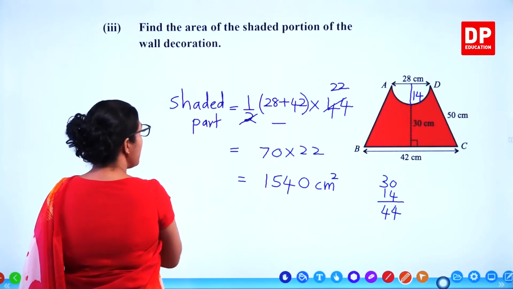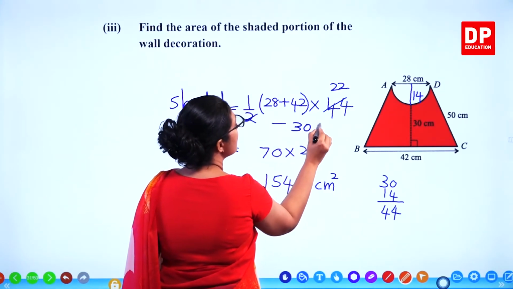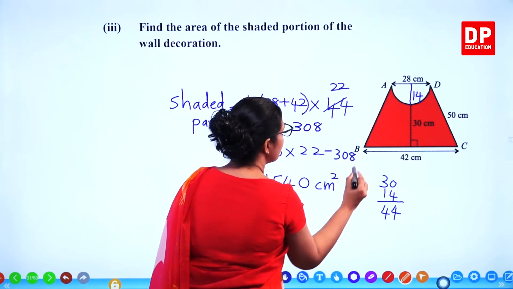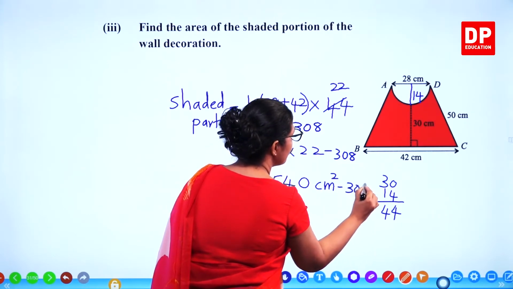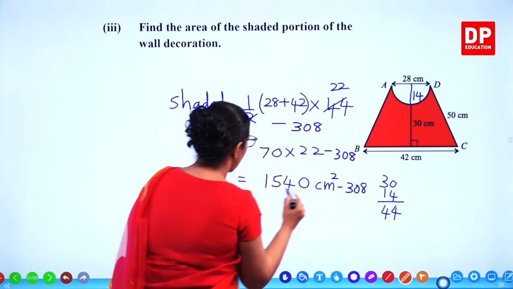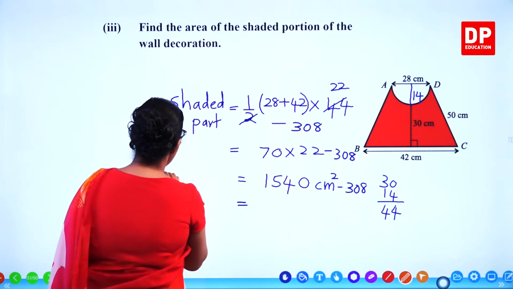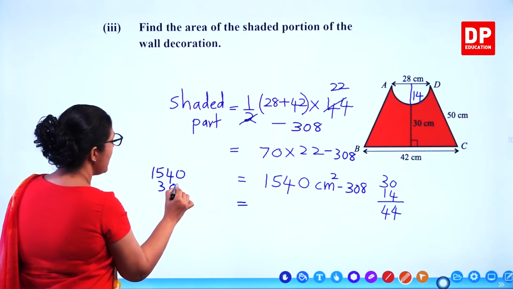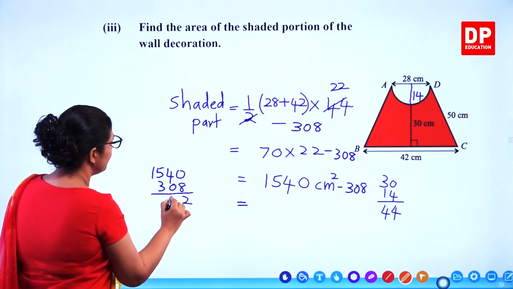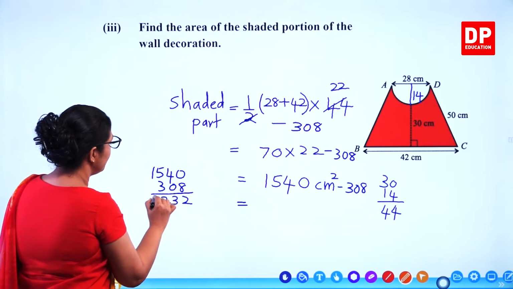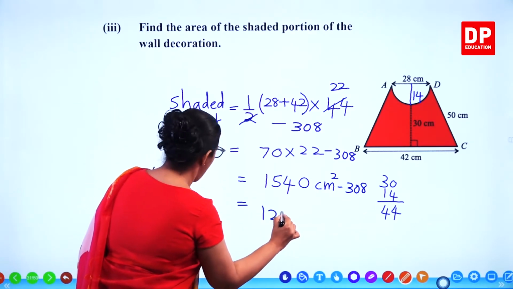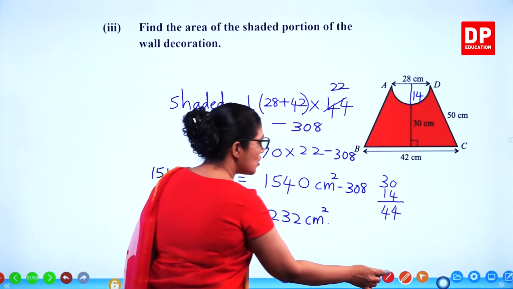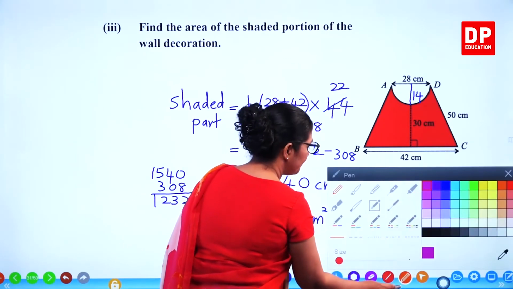That's 308. Subtract 308. 1,540 minus 308. 1,232 square centimeters is the shaded area.